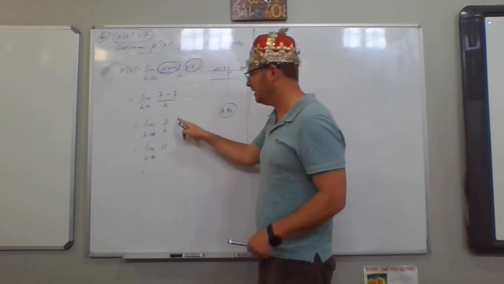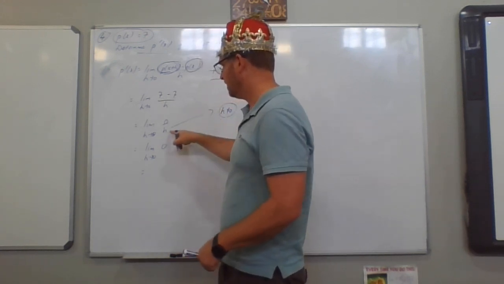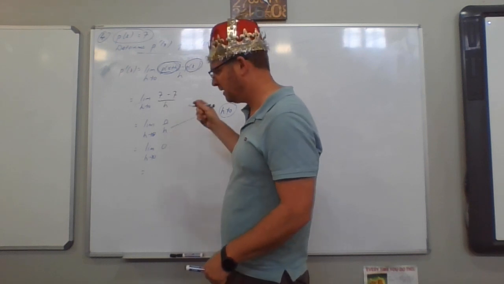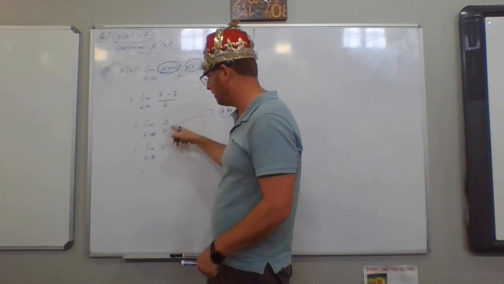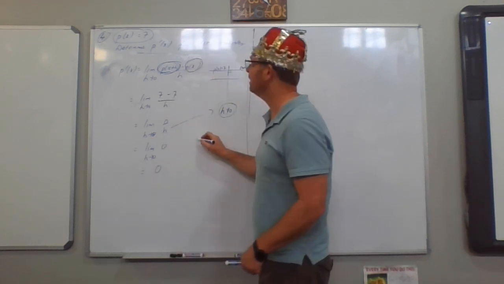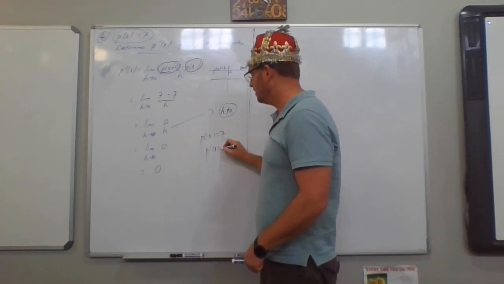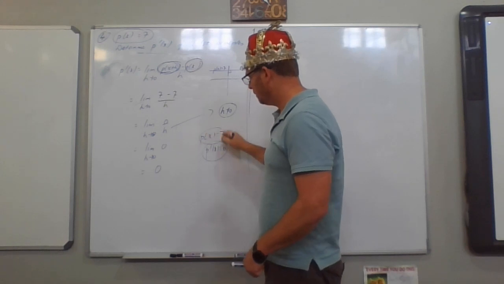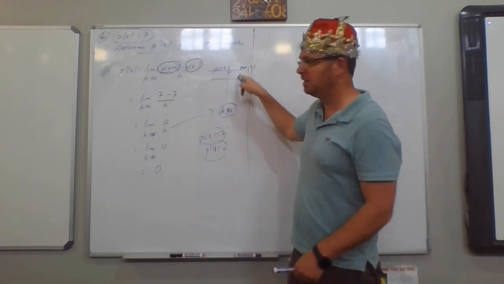It's not really 0 over 0. h can't be 0, that's quite important, because h is your gap in the curve, and by definition h can't be 0, otherwise we can't find a gradient. It becomes infinitely small, but it's not 0. So the limit as h tends to 0 of 0 is 0. So what have you worked out? That if p of x is equal to 7, then p dash of x is 0. What's that telling you? It's telling you that no matter what the x value is, the gradient is going to be 0, which is what we expect.